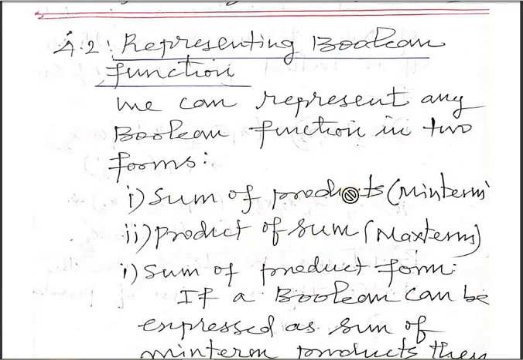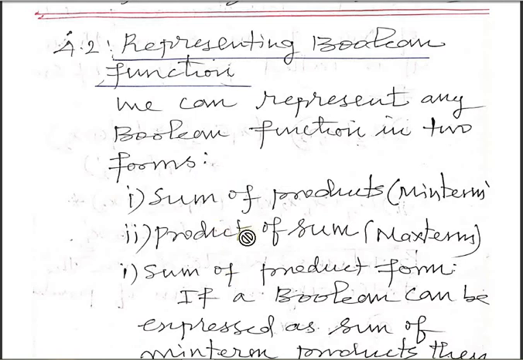Sum of products, that is join of meets. Sum means join, products means meet. So sum of products we can say is join of meets. Similarly, here, the meet of joins.